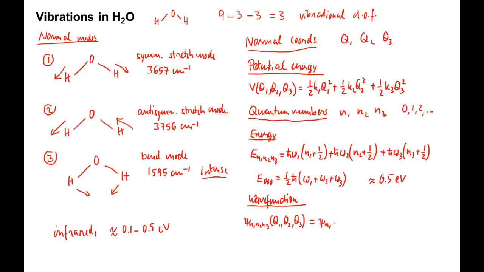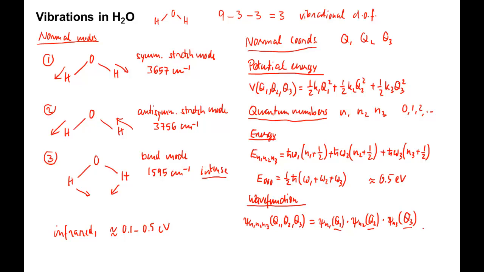So this is equal to psi n1 of q1 times psi n2 of q2 times psi n3 of q3. You can look at this as a three-dimensional harmonic oscillator, since there are three independent harmonic oscillator coordinates. In this sense, this is a very similar situation to a particle in a three-dimensional box.